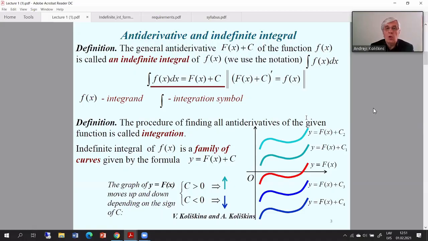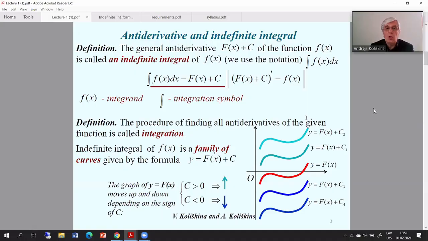First of all, this symbol looks like a stretched letter S. It's called the integration symbol. This function is the integrand. And we also use this notation dx. This is the differential of x. At the moment, this notation does not seem to be logical and clear. So why should we use such complicated notation to denote the antiderivative of the given function?